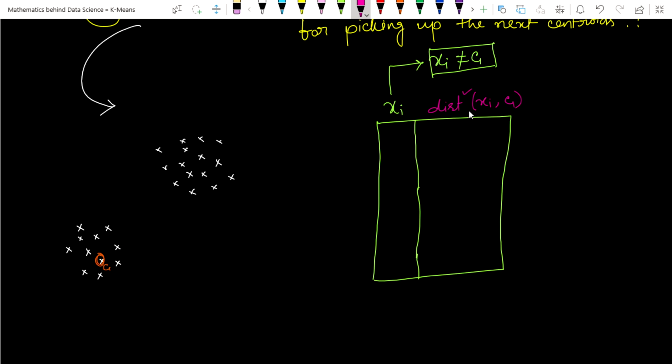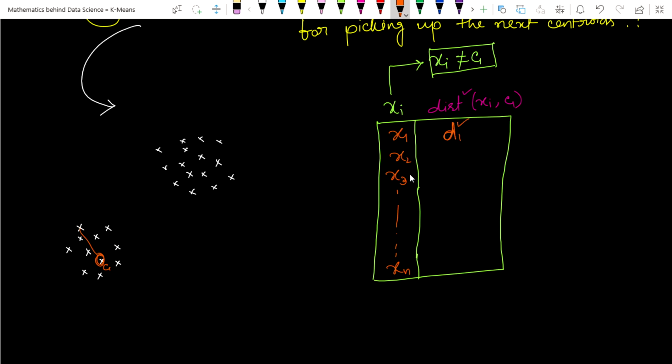Suppose the points are x1, x2, x3, up to xn. Now we calculate the distance square for x1; suppose it is d1.